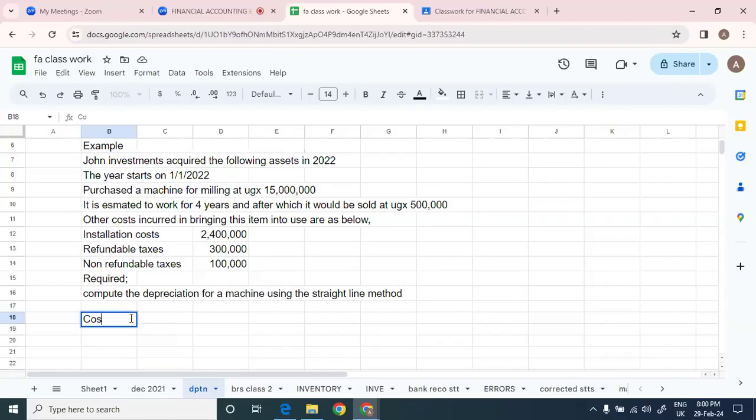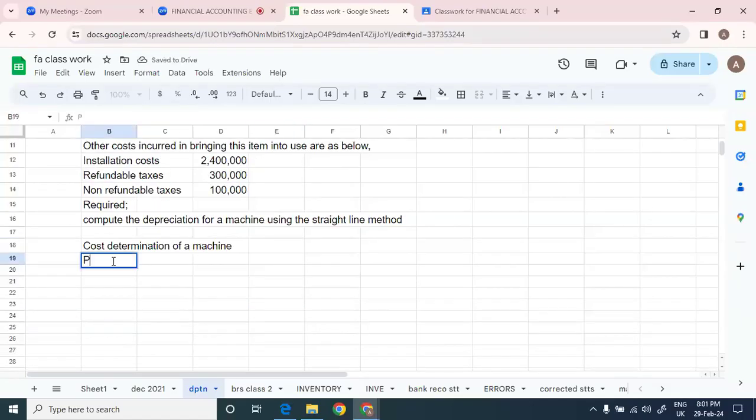We first do cost determination of the machine.